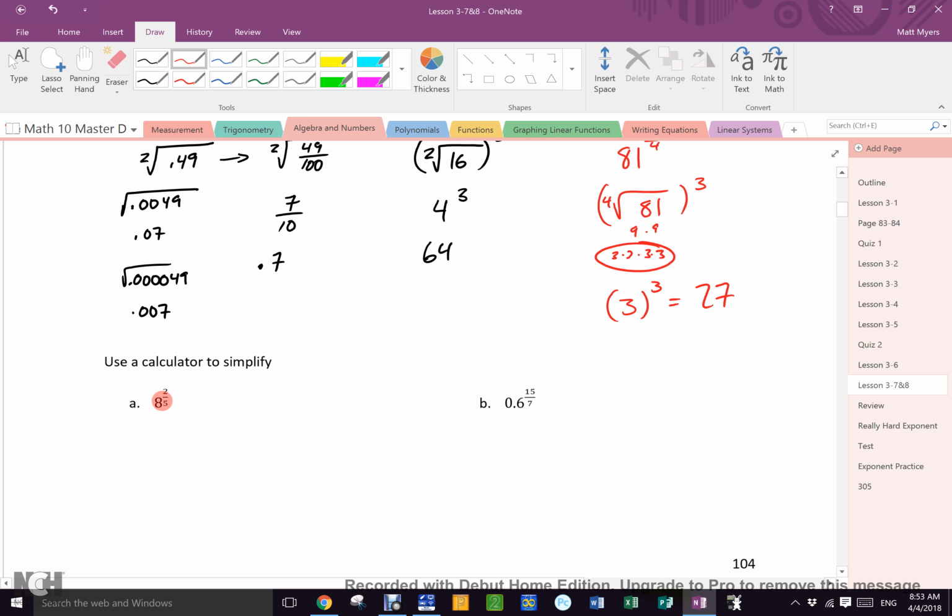I mean, if we follow the pattern, that's the fifth root of 8 squared, correct? Does 8 have a fifth root? No, of course not. What's the largest root we can get out of 8? A cube root, right? 2 times 2 times 2. We can't get a fifth root of 8.